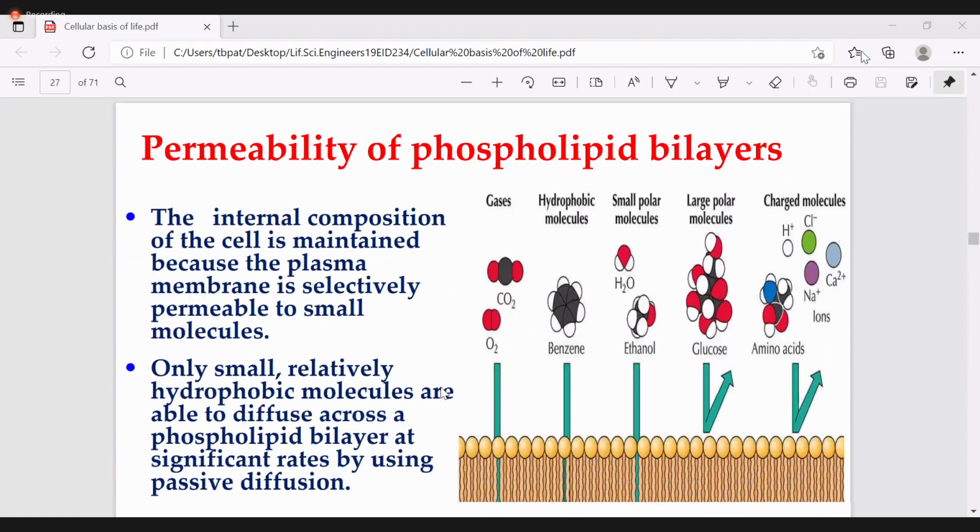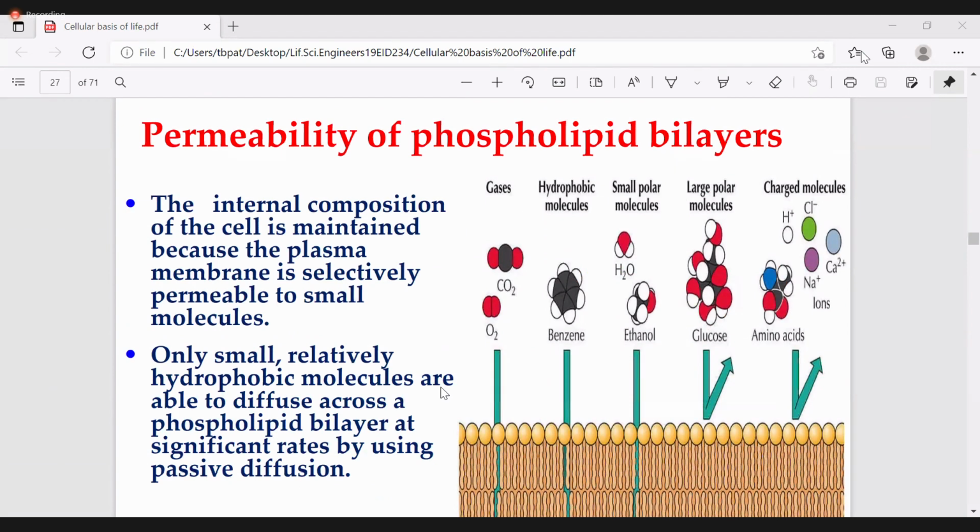And the permeability of the phospholipid bilayers: carbon dioxide, benzene, ethanol, water, and glucose, amino acids, and other ions of calcium, nitrogen, sodium, chlorine, hydrogen.